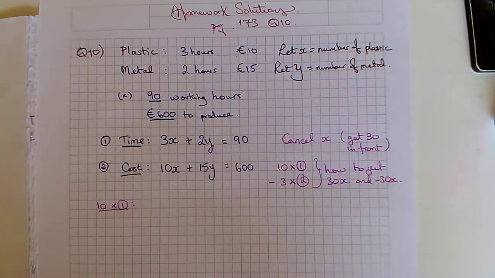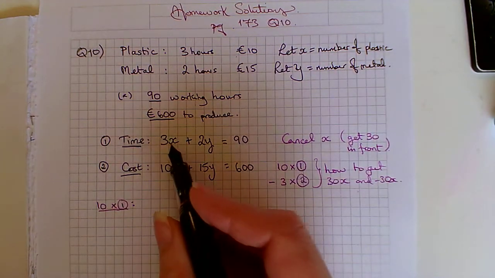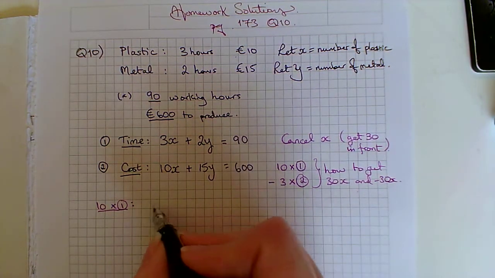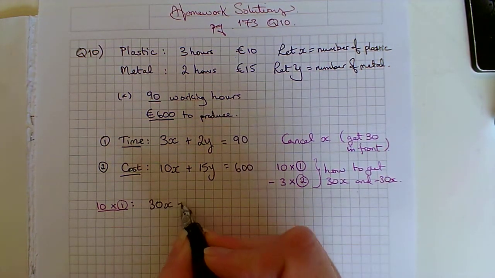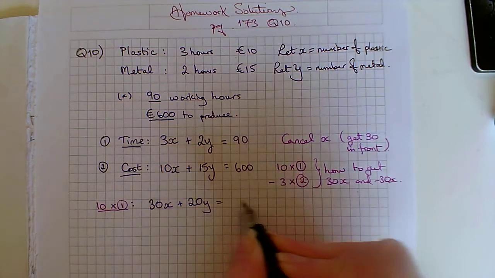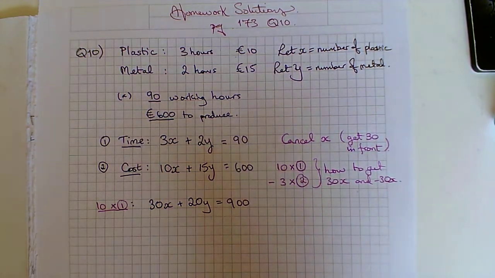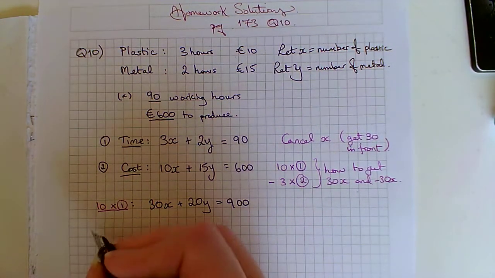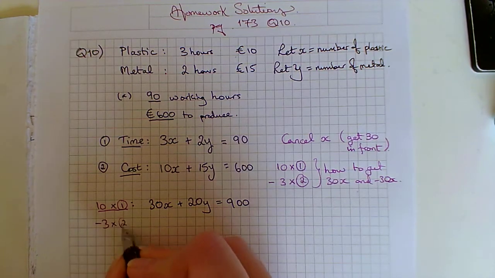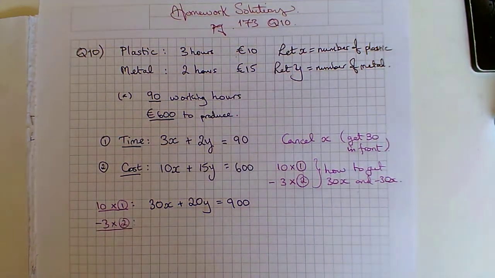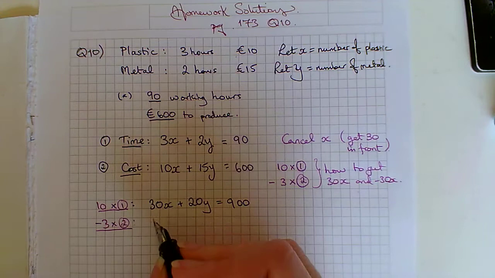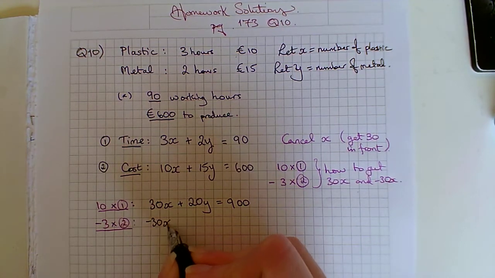10 times equation 1, reminding me that I need to multiply each part of the equation by 10, gives me 30x plus 20y equal to 900. Minus 3 times equation 2, I'm going to have a minus 3 by 10, minus 30x, so that's what we wanted.